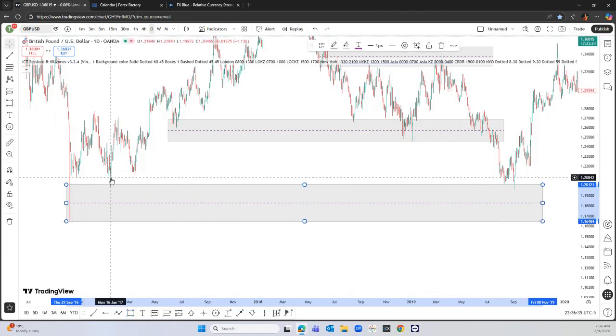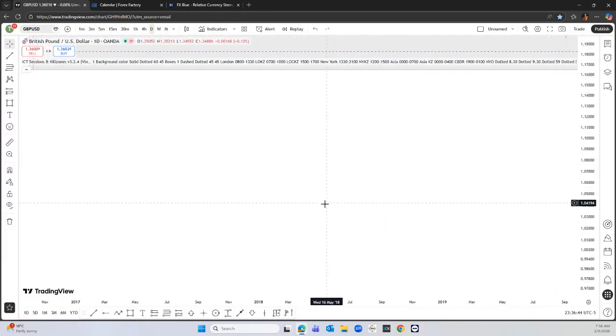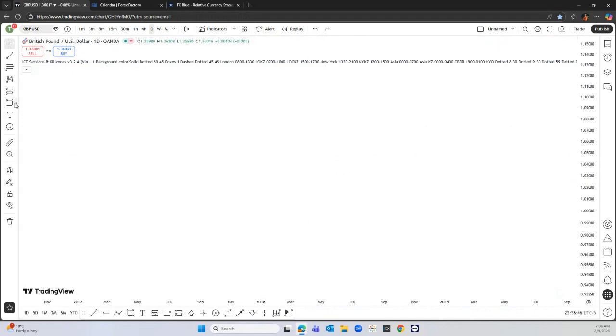You can see the price came here the first time, the third time and the fourth time, and then we see price bouncing off. One of the secrets I'll give you when you want to draw support and resistance is to look at scenarios where the price is consolidating like that.